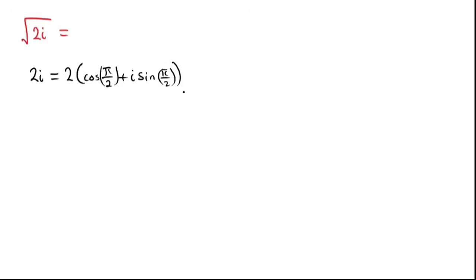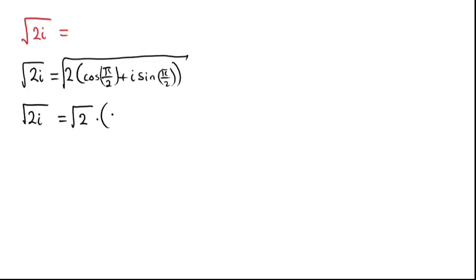So to this expression, I can introduce a root to both sides. The square root of 2i is equal to root 2 multiplied by open bracket cos pi over 2 plus i sine pi over 2.